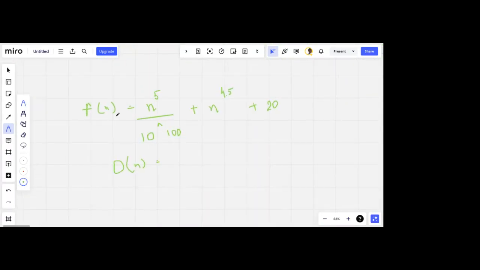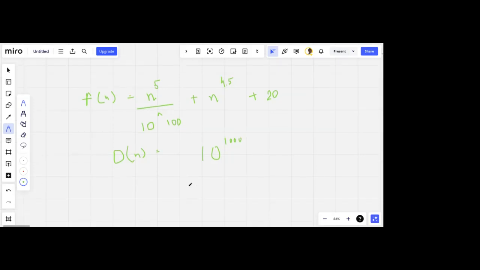So here, let's consider n to be 10 to the power, let's say, 1000. Now just see this, guys. Is 10 to the power 1000 to the power 5 divided by 10 to the power 100 greater, or 10 to the power 1000 to the power 4.5, which is greater?